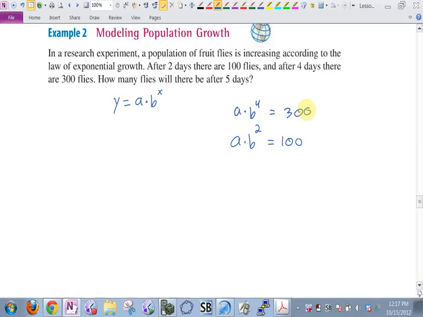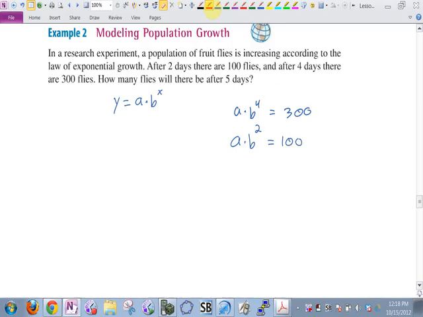So what I would recommend, actually, is the substitution method. Solve one of the equations for A, and then plug in. In reality, it's a simple algebraic equation, but it's a little bit different, so some people might struggle with it. Or, I'm going to use a little rule that says, if I divide one side of the equation by something, I have to divide the other by the same thing.